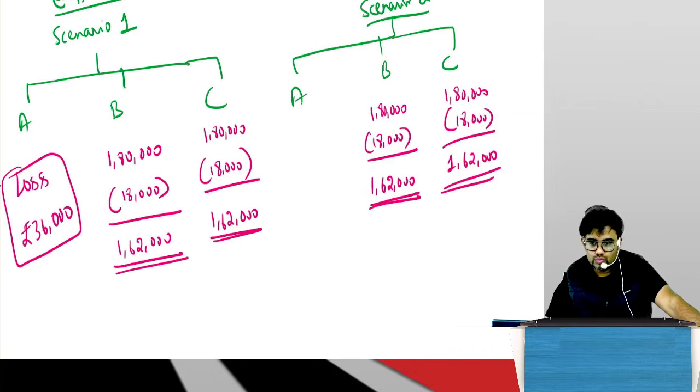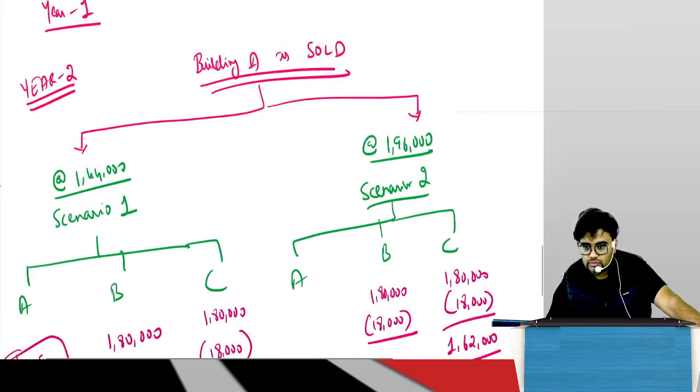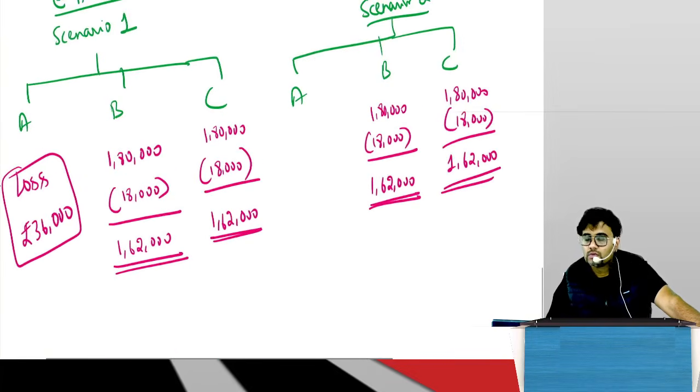Scenario 2. 1,80,000 is what the asset was. It is sold for 1,96,000. Profit or loss? Profit. How much profit? Yes, correct. This is a 16,000 rupees profit.